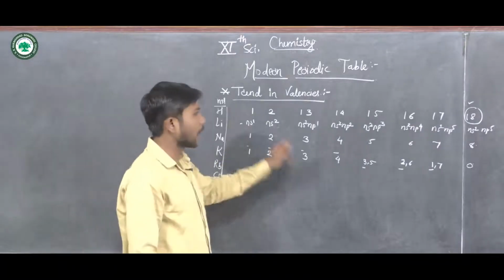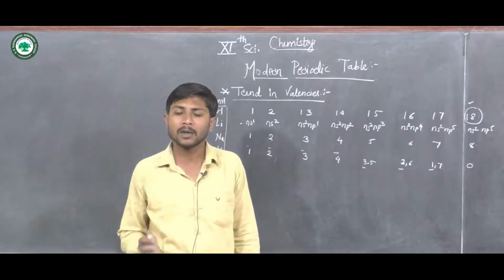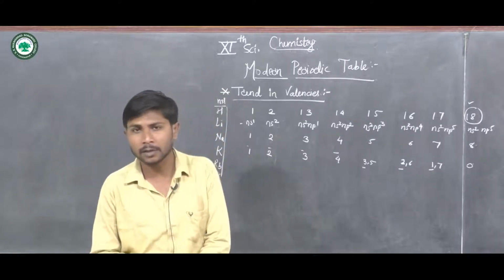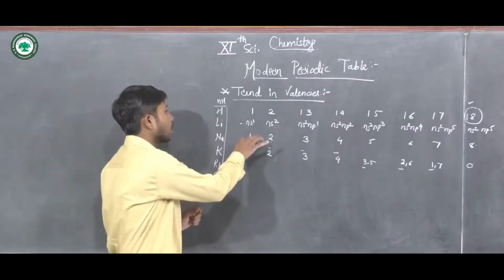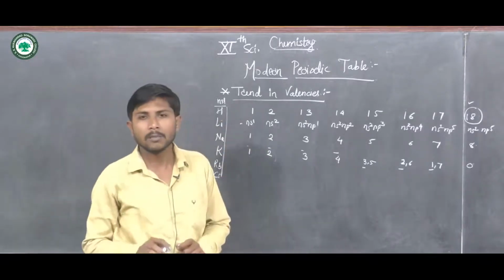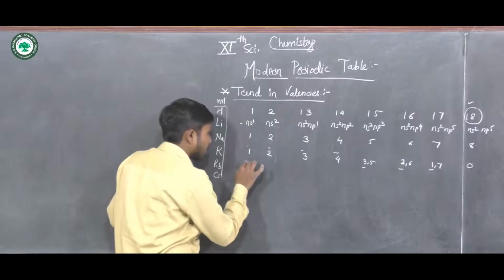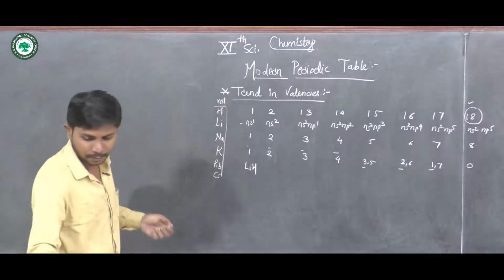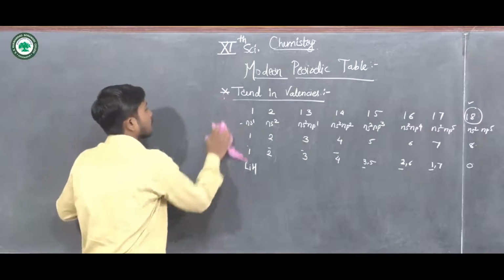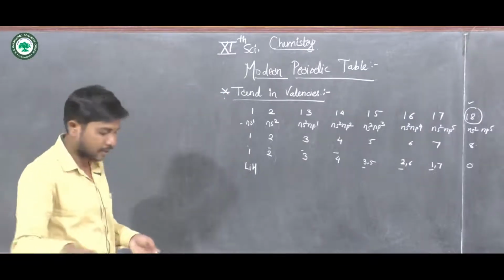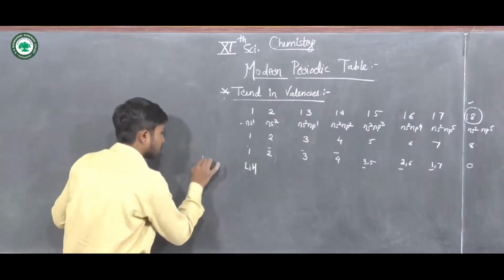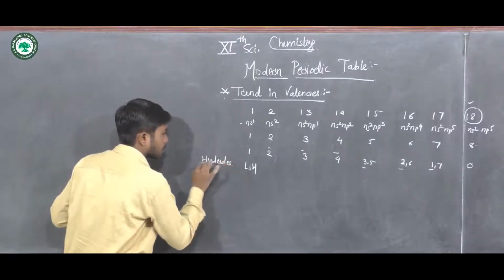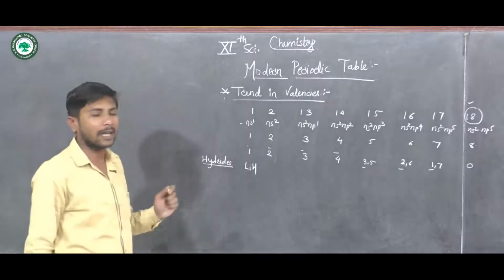Every main group element, when it forms a hydride, meaning on reaction with hydrogen, requires hydrogen to fulfill its valency. Let's see the example, lithium hydride, formation of hydrides, to fulfill their valency.